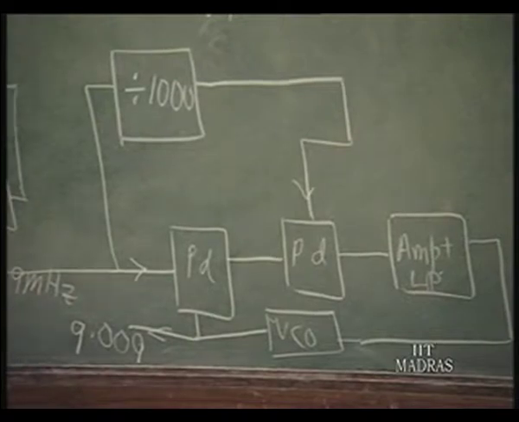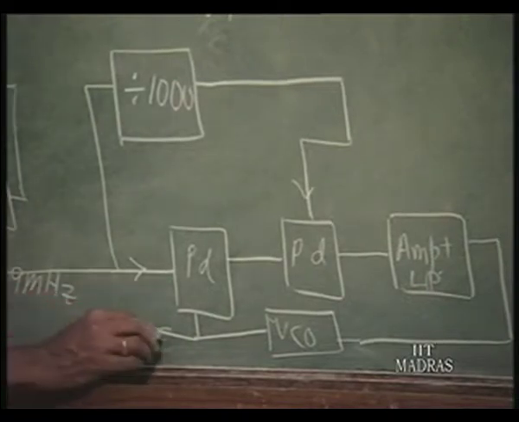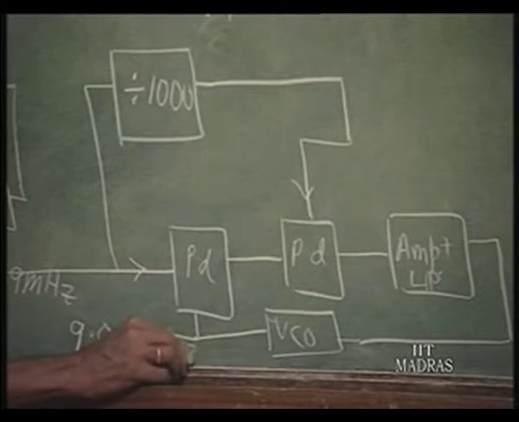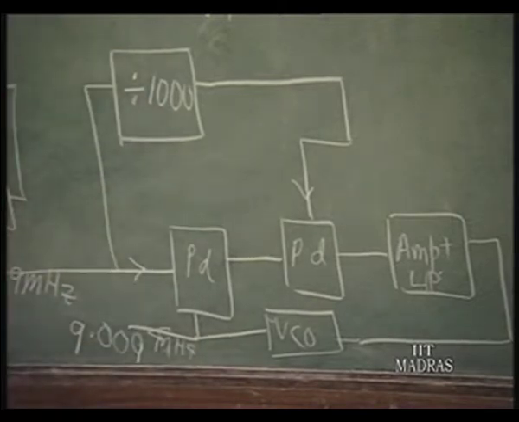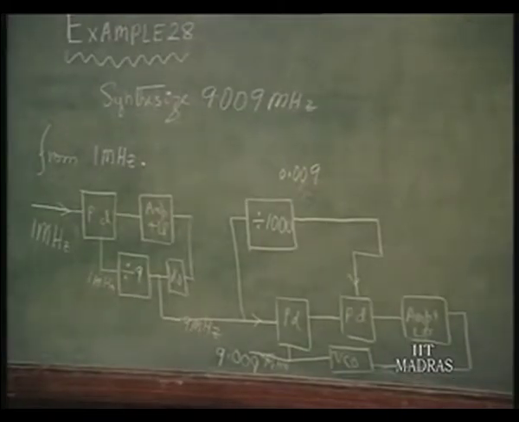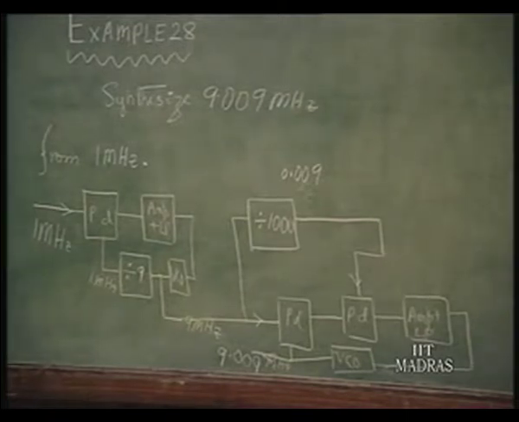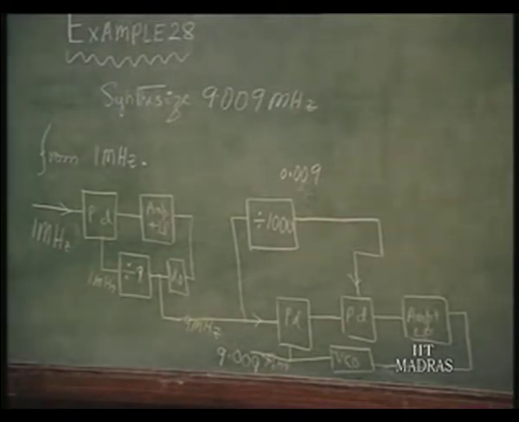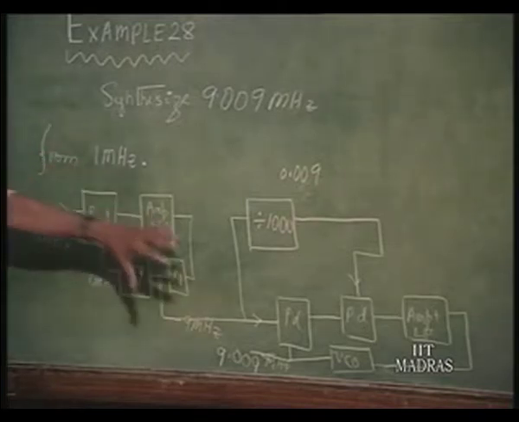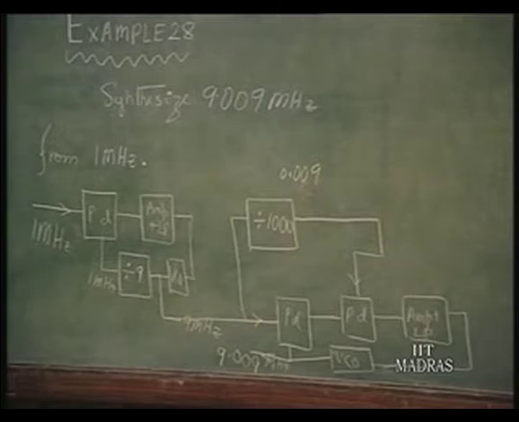So, this is megahertz, the complete system for synthesizing this, and you can therefore see that any such problem of synthesis can be easily tackled by using multipliers, dividers, and translators. And this has been utilized in commercial synthesizers for obtaining this kind of frequency synthesized output.